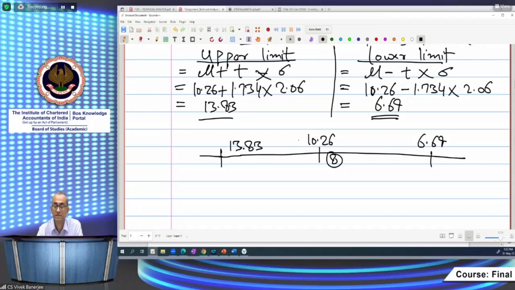The answer is yes. So the market is efficient. So at both levels, at 5% level of significance as well as 10% level of significance, the market is efficient.